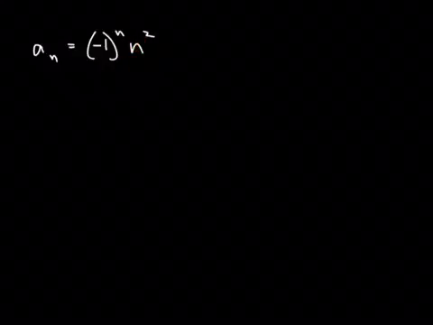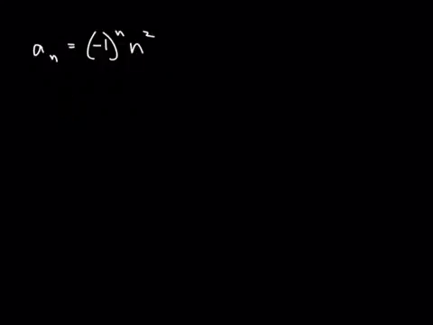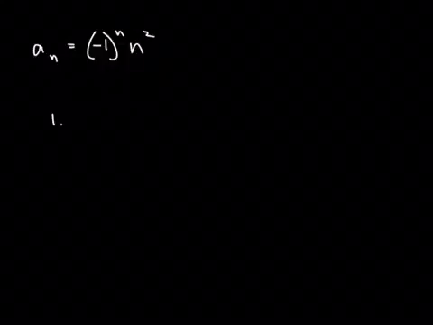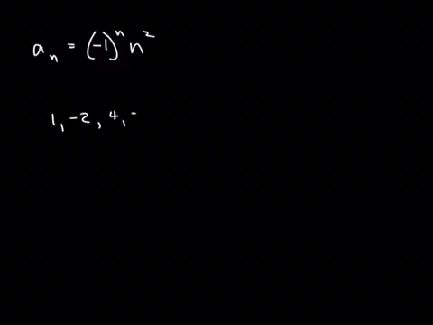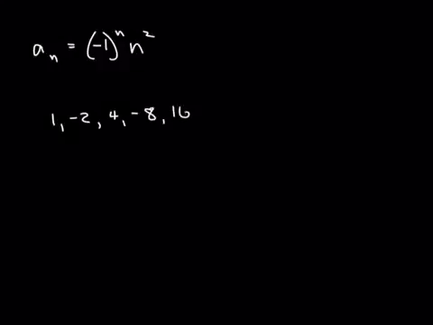Say your answers were 1, -2, 4, -8, 16, -32. See how they switch back and forth from positive to negative? That's what this part does. Whenever you see (-1) to the nth power, it just means we're going to go from one sign to the other, back and forth.